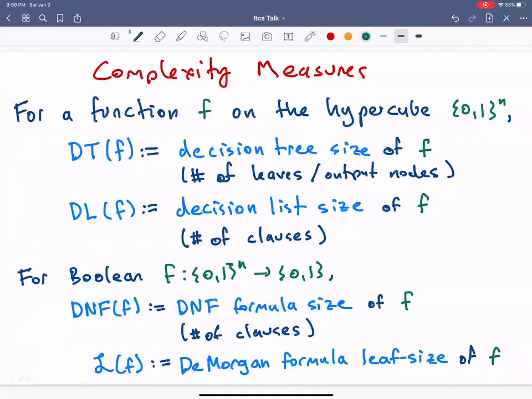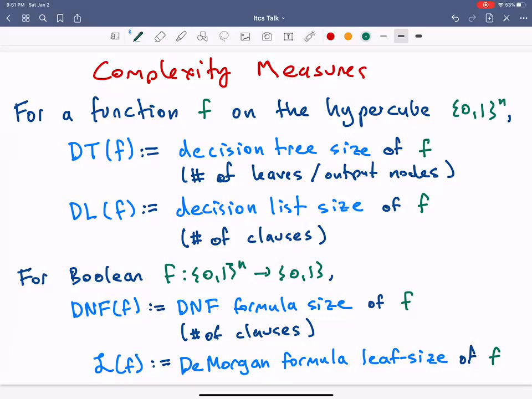Good. So associated with these models of computation, we have the following complexity measures. Let f be any function on the hypercube. Again, not necessarily Boolean valued. We can define its decision tree size and its decision list size, denoted dt(f) and dl(f), where we measure the size of a decision tree by the number of leaves, so the number of output nodes, and decision list size by the number of clauses.